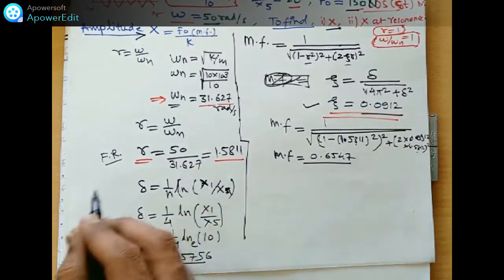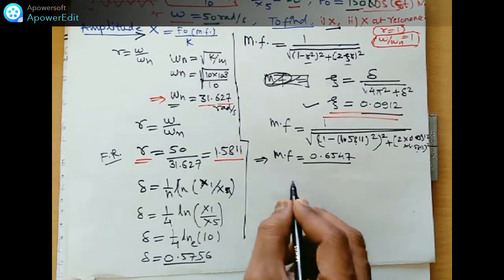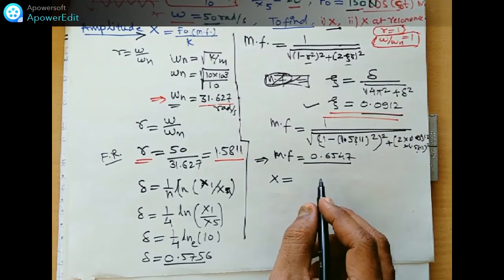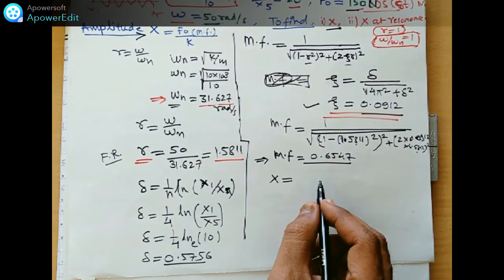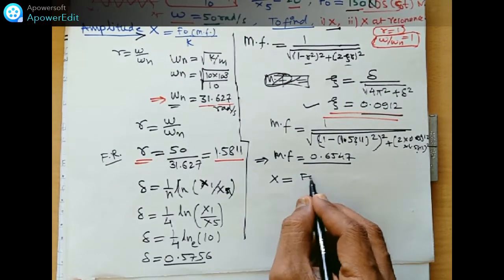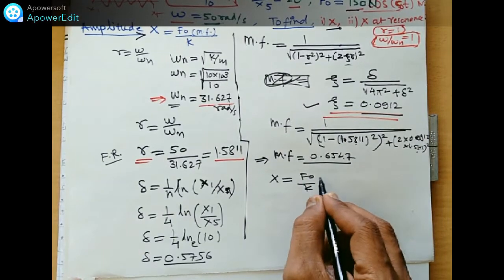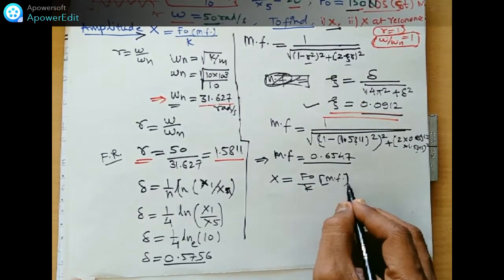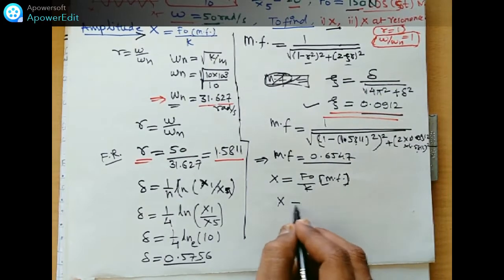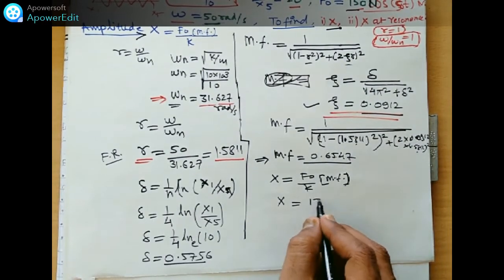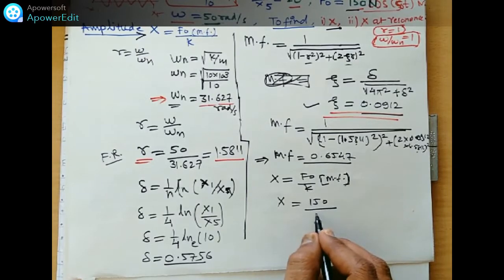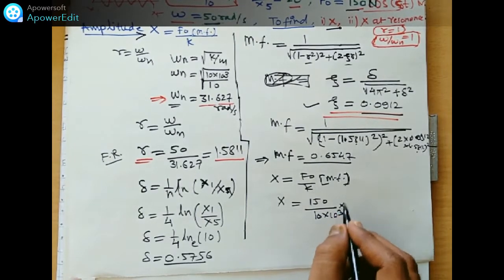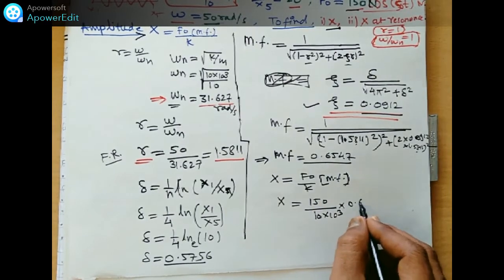Once we have the value of MF, we have to find out x. How to find the value of x? We can find x by using the relation F0 by K into the bracket MF, the magnification factor. So x is equal to 150 upon K, 10 into 10 raised to 3, into this MF, 0.6547.